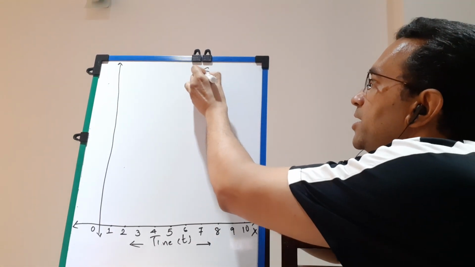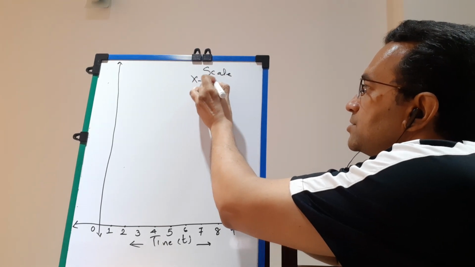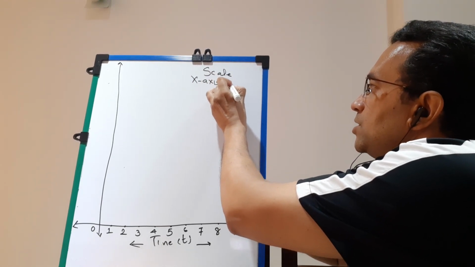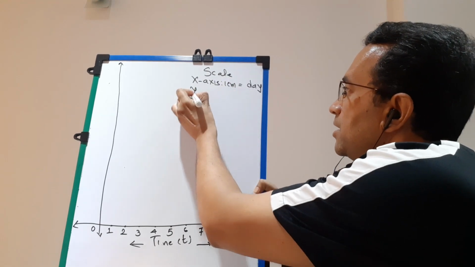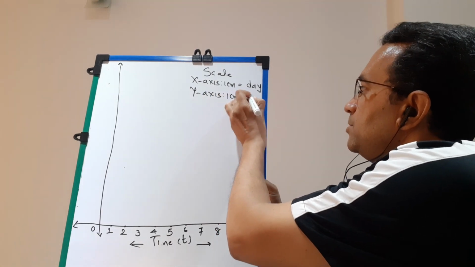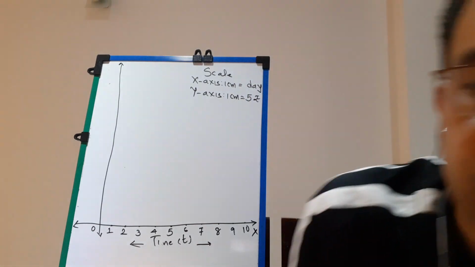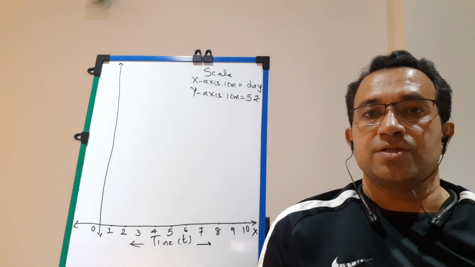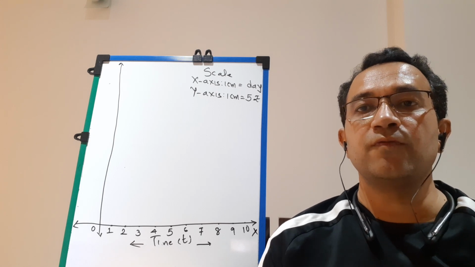Scale students, I am writing here: x-axis, 1 centimeter is equal to 1 day or simply a day, and y-axis 1 centimeter is equal to 5 rupees. On y-axis students, we will take a scale of 1 centimeter is equal to 5 rupees.